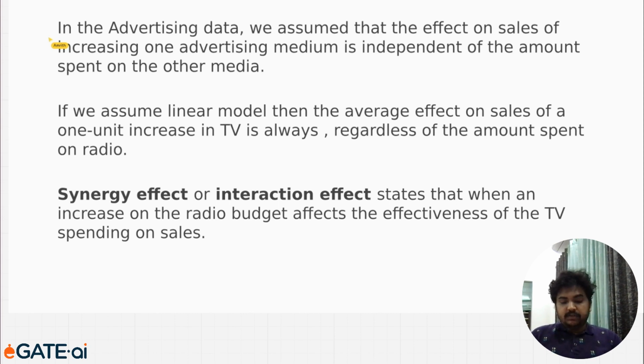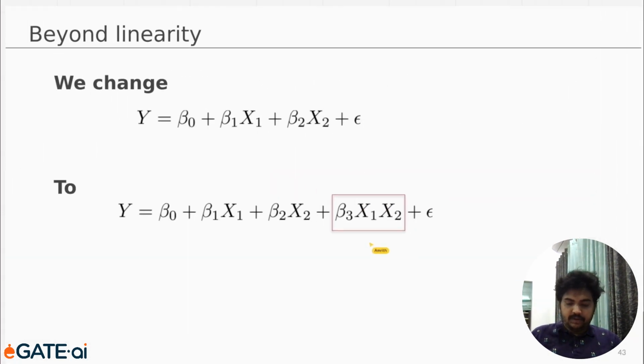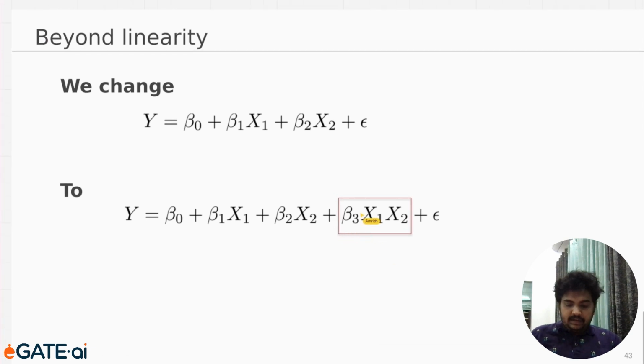But the synergy effect, or interaction effect, states that an increase in the radio budget can affect the effectiveness of TV spending on sales, which means there can be an interaction between the variables that we are not capturing here. In such scenarios, we have to learn a coefficient beta 3 which captures the interaction between these two.